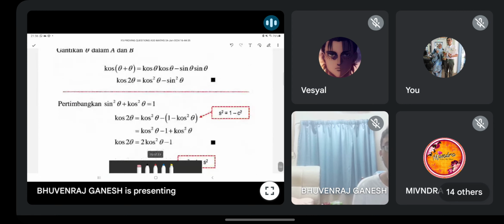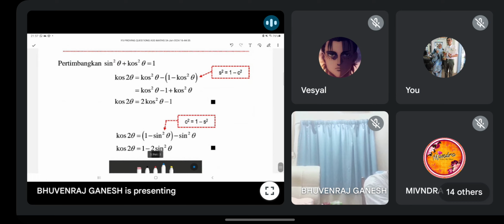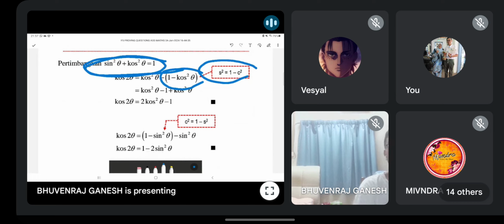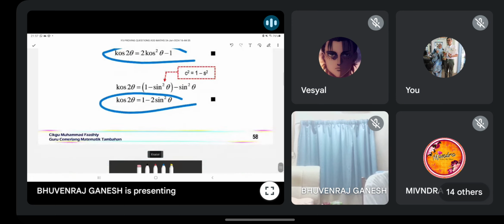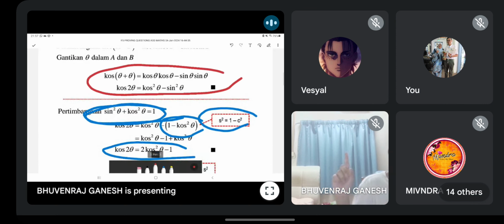Okay, so this one sama saja lah, exactly the same thing yang mereka tunjuk ke atas. You can prove all these basically from just this formula. That's why I say rumus ni sangat penting. You can use it to change and derive many formulas. Example cos 2 theta, dia ada 3 variation. How you get the variation: first part is from your addition formula, rumus penambahan. Second part is from sine square theta.